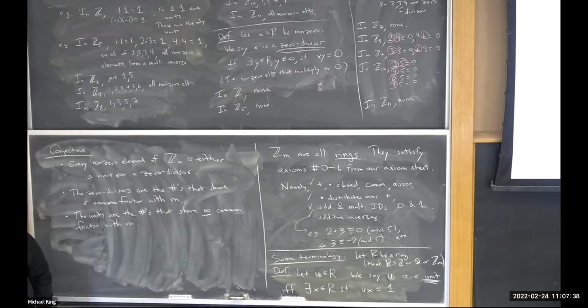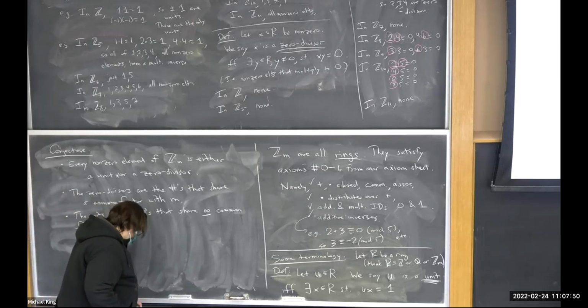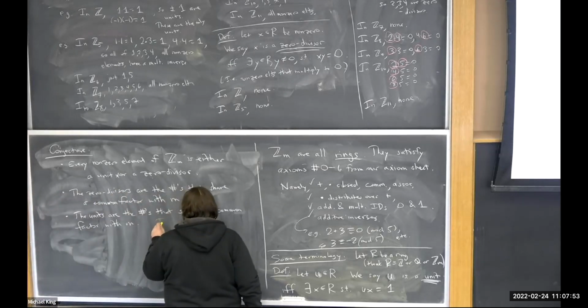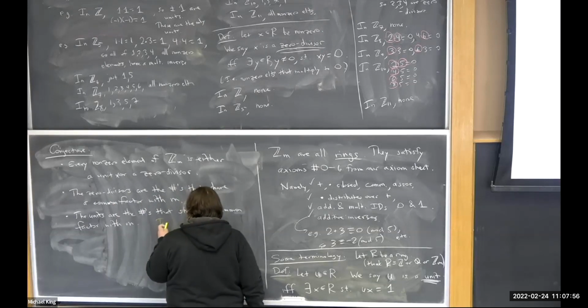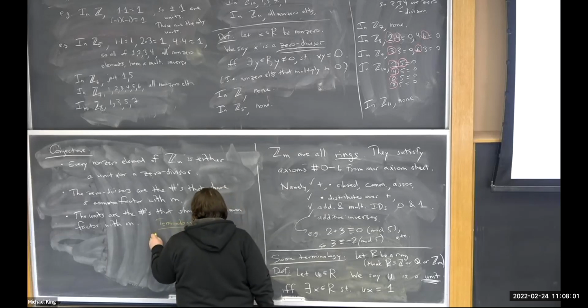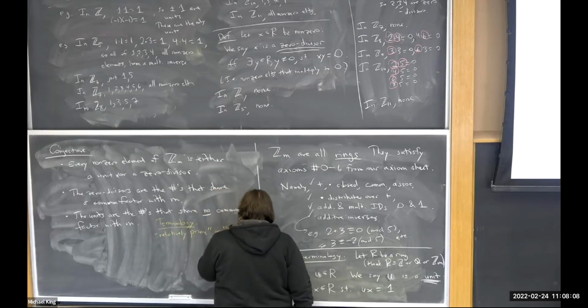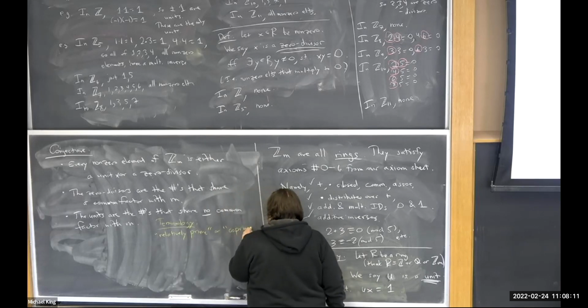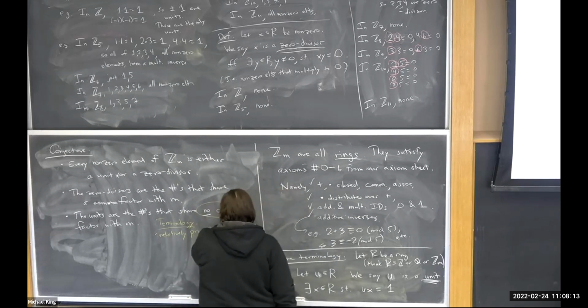There's a word for this. I can't remember if I've said it already, but they're called relatively prime. Like 3 and 8 are relatively prime. They don't share any common factors. Or coprime. So the terminology is relatively prime or coprime, for no common factors.